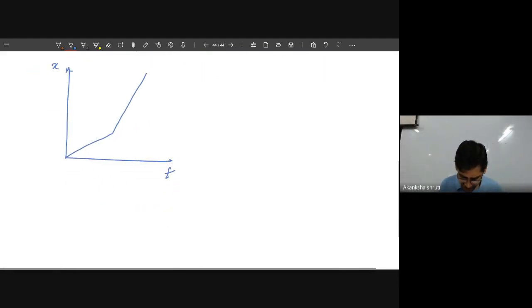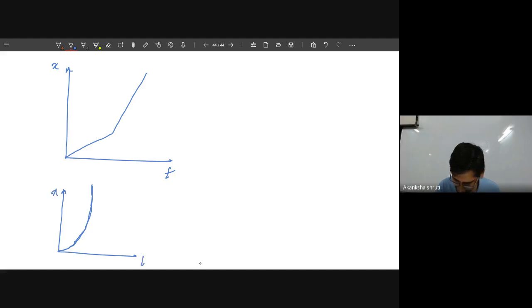I have taken the bigger interval, so it appears like this. But if I take a very small interval, then sometimes here, then slowly here, here, here, it is like this. Then it may appear smooth, but still it is not a straight line.